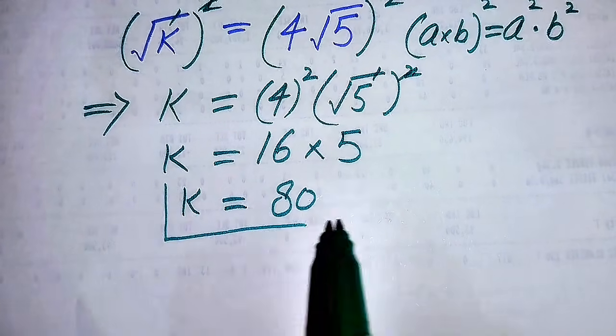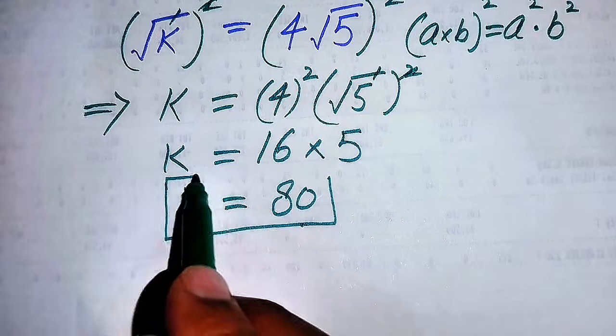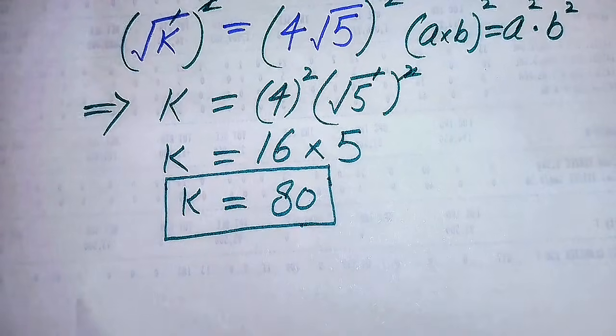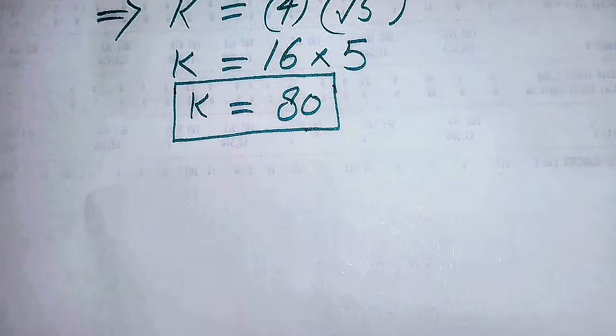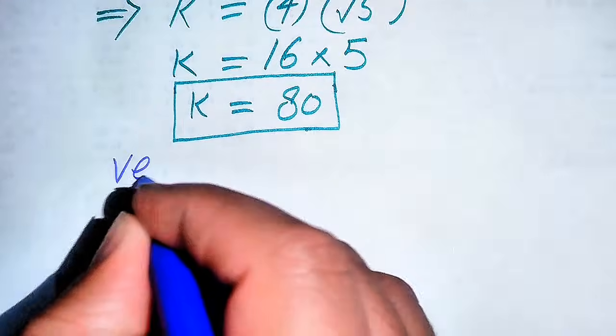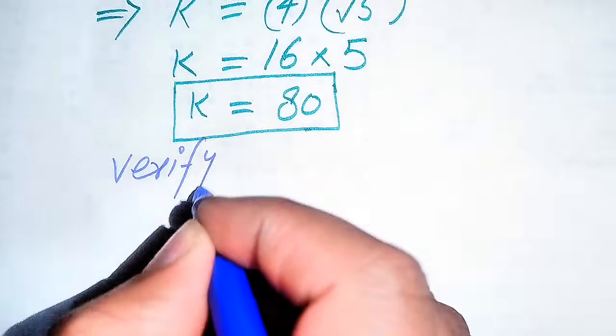So it means that in this question we get only one root of the given equation, and that is k equals 80. But in the next step we need to verify whether this value of k is the solution or an extraneous root.